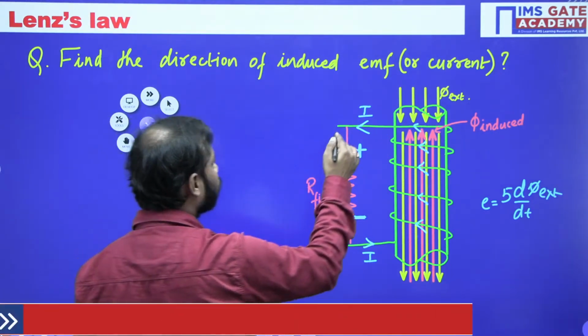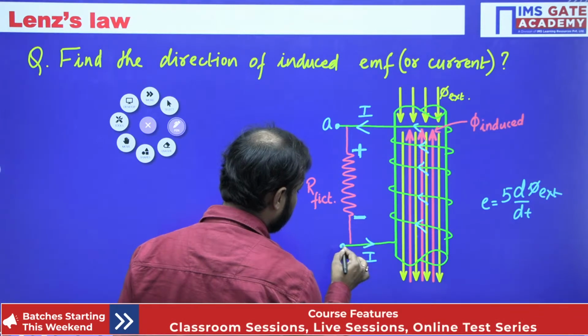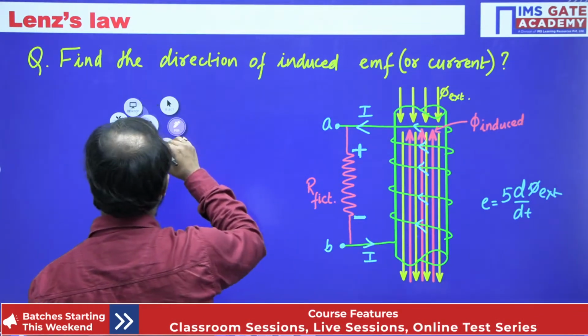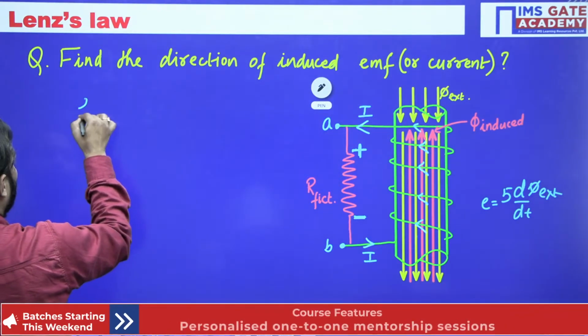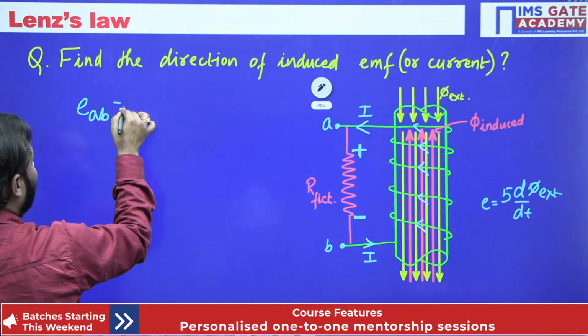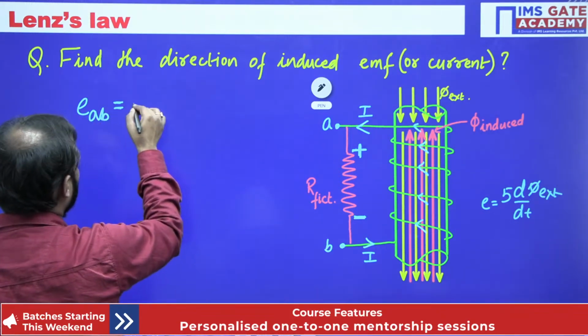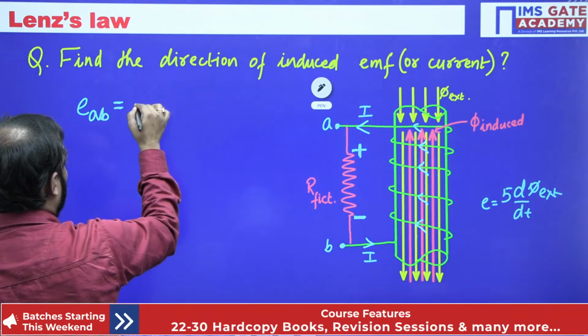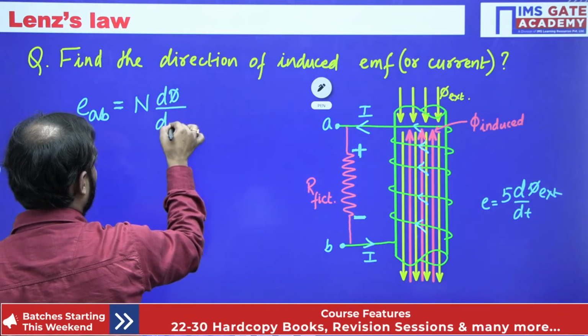So if I name this terminal as A and this terminal as B, then your EMF EAB, before applying the Lenz law, was N d phi by dt.